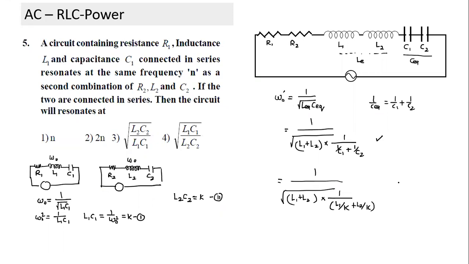This frequency also is the same as omega naught. The rest of this is simple calculation; all of you can easily figure it out. The only thing we need to keep in mind is how it gets connected. Whenever more than one inductor and capacitor are connected in series, we can always replace them with the equivalent value.